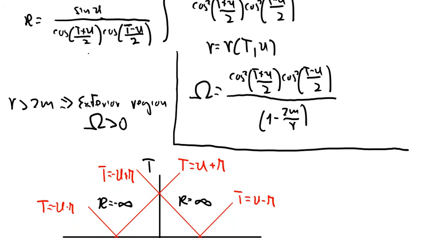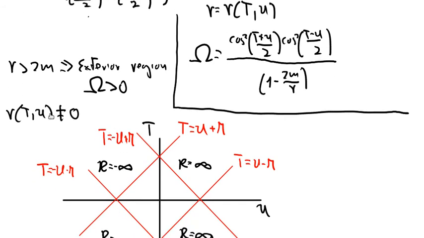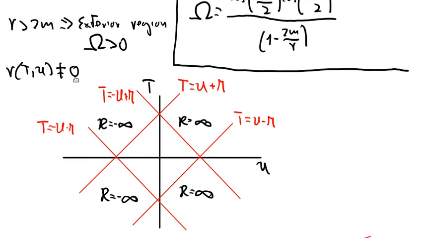So this function is indeed different from 0, and we don't need to worry about its zero set because it doesn't exist.